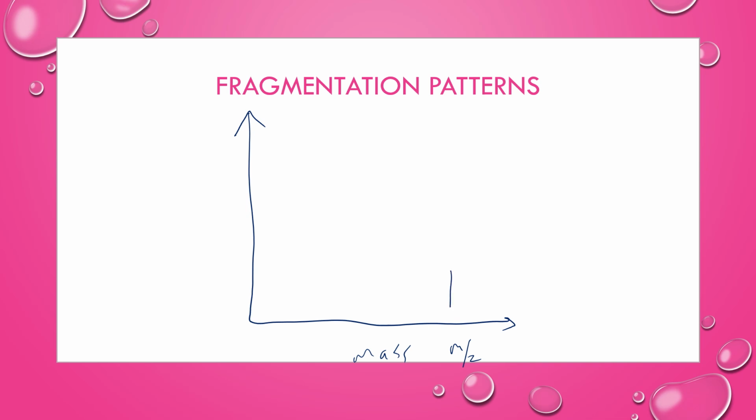And then there's going to be different masses that show up, whatever the mass fragments happen to be. Maybe it's like this. I'm making up some numbers. It doesn't really matter for this what the masses are yet, because I'm just using this as an illustration.